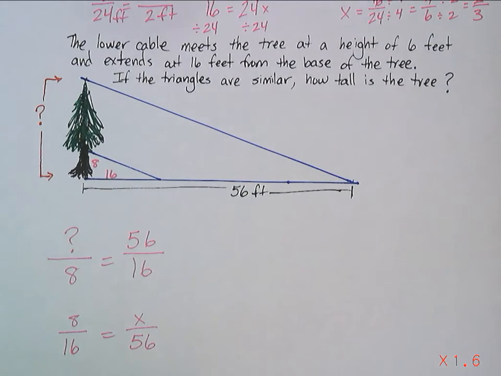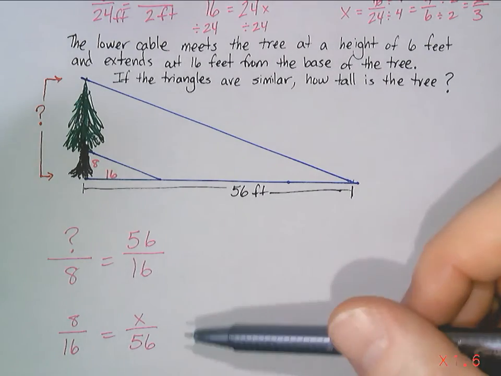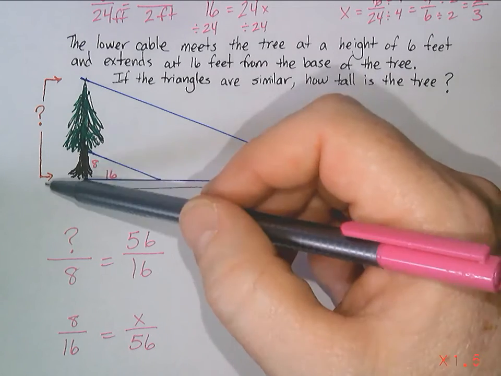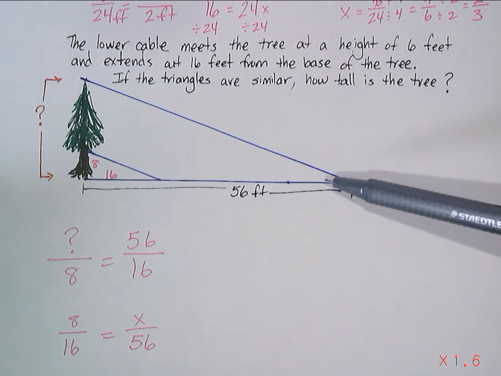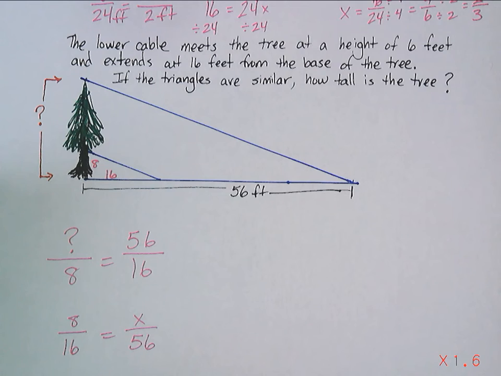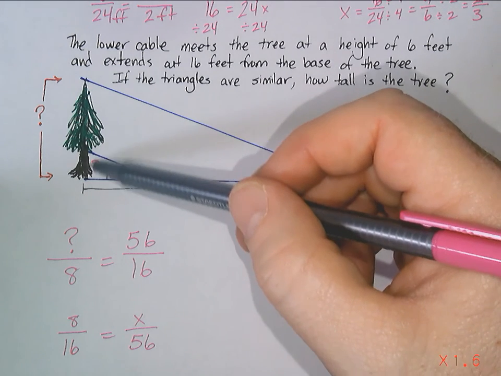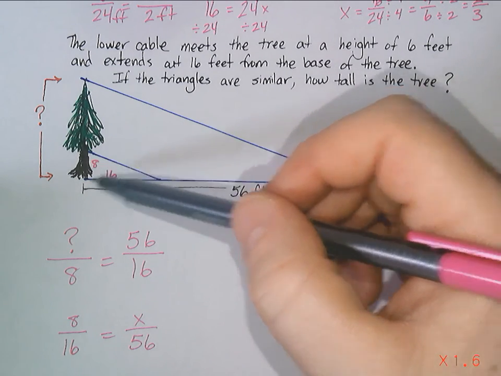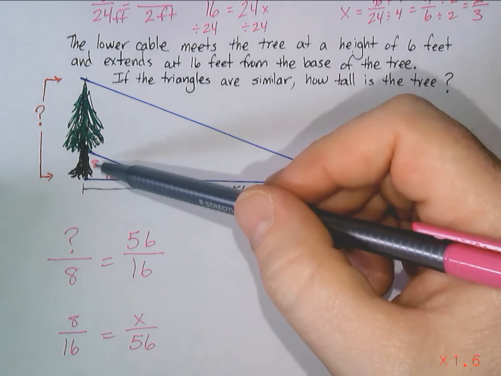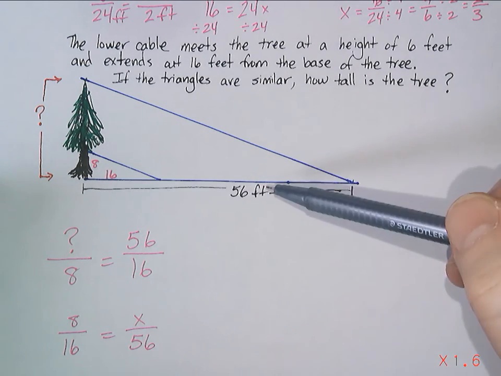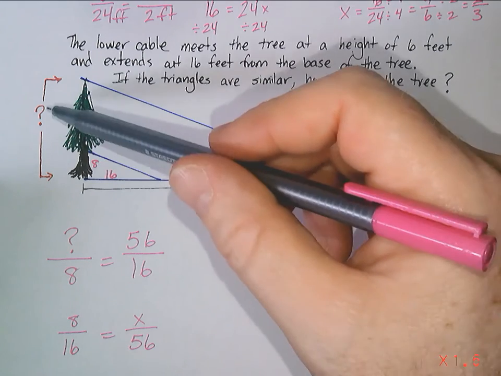There's actually another way you can do this, but what you want to do is be consistent. So you either want to set the height over the other height, then the length over the other length, or vice versa. But what you don't want to do is take the height of a triangle and set it over the length of the bigger one, because that really has nothing to do with 56. 16 has more to do with 56 than 8 does. 8 has more to do with what the question mark is.